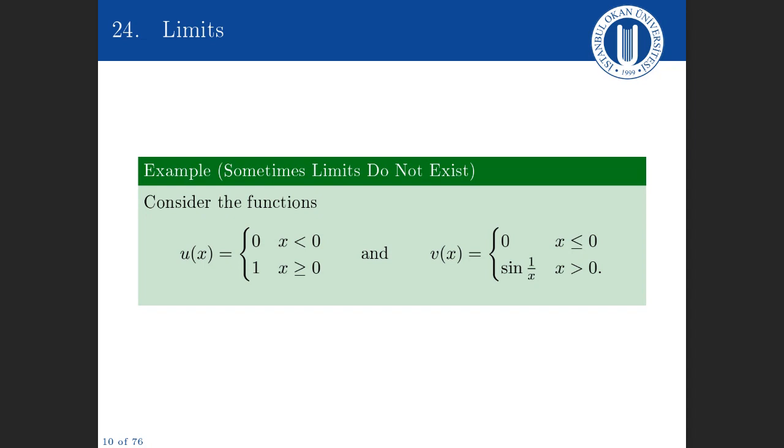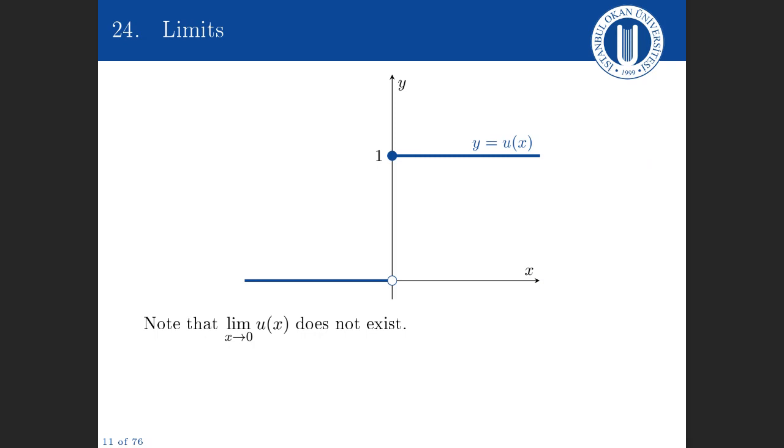First, let's look at the function u. This graph looks like this. And I'm stating that the limit as x tends to 0 of u of x does not exist. Why? Well, what happens to the function if x is close to 0 but not equal to 0?